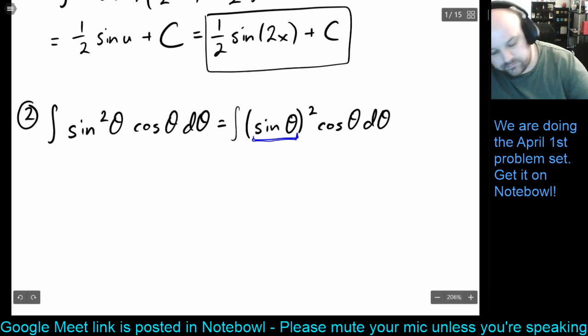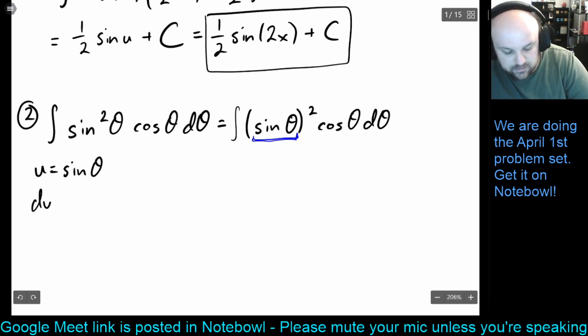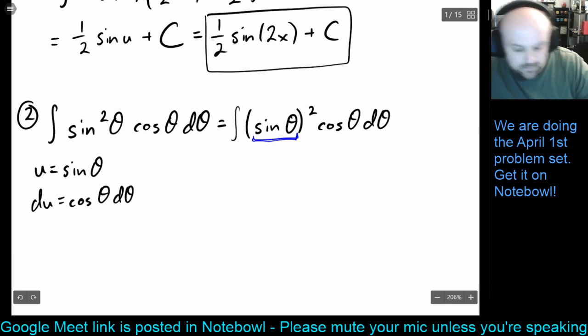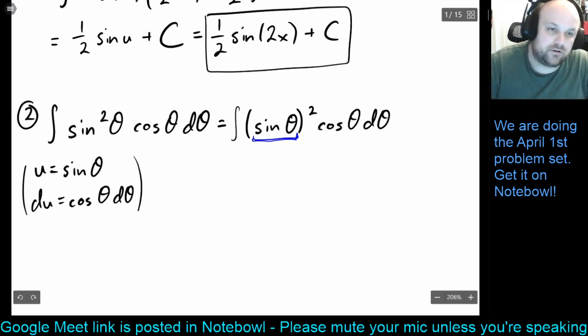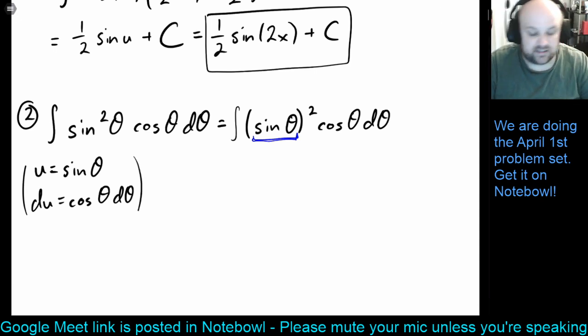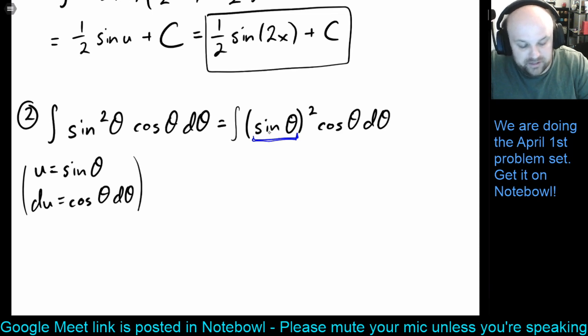So u is sine of theta. du is going to be cosine of theta d theta. Now, even if you're not sure whether what you're doing is going to work, you can always just pop the u in here.